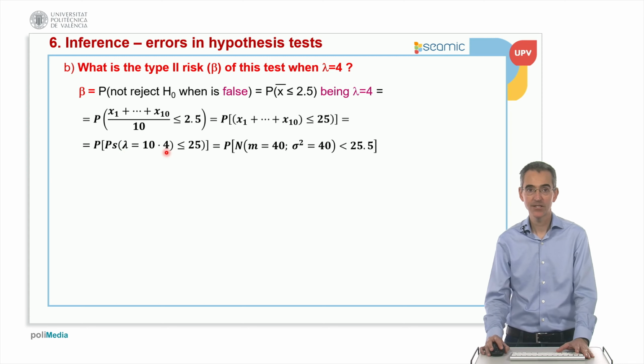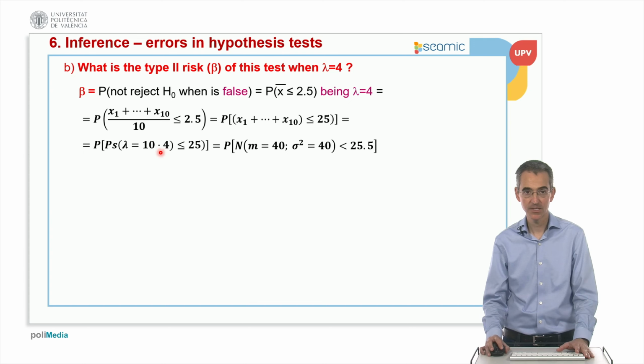In this case, we cannot use the abacus of Poisson, which goes only up to lambda equal to 30. So necessarily, we have to use the approximation to the normal distribution. Also, here we can apply the continuity correction. Being less or equal to 25 means less or equal to 25.5.